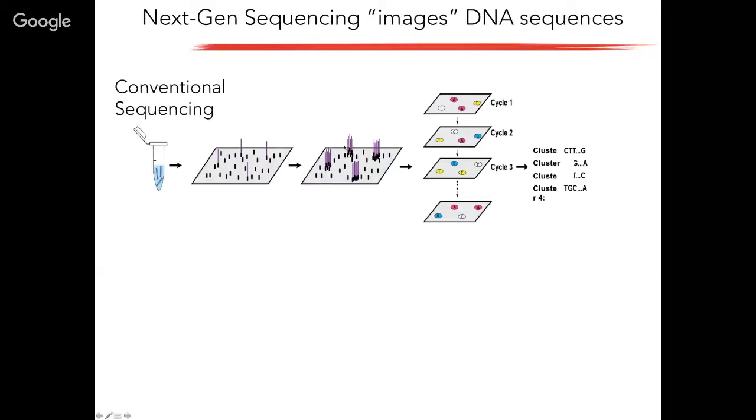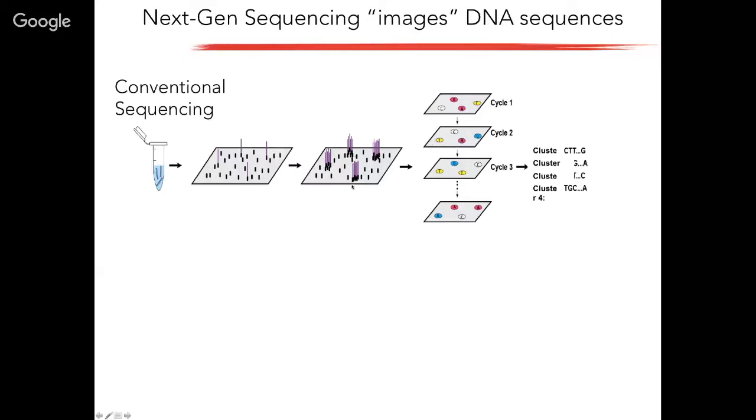This one on the top is an A, so it might be pink. Same with this one. And this one here on the right is a T. Then you take a picture of this, originally using a spinning disk confocal. They've actually changed that technology, but originally it was essentially a confocal microscope. Then you cleave those fluorophores off and add the next nucleotide.